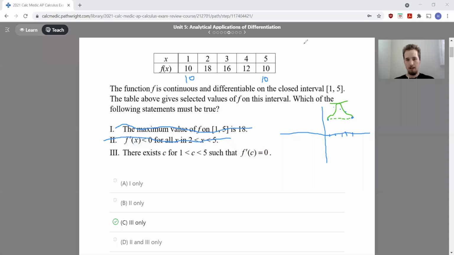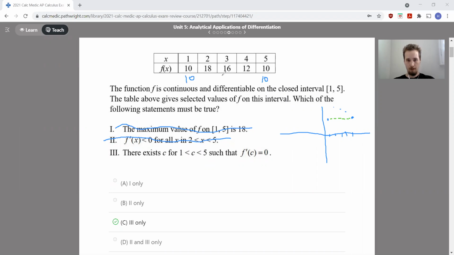So that's basically what mean value theorem says: if you have an interval where the function is continuous and differentiable across the whole interval, then you can get the average slope of that interval, and at some point there must be an x value, in this case they're calling it C, where the slope matches the average slope of the interval.